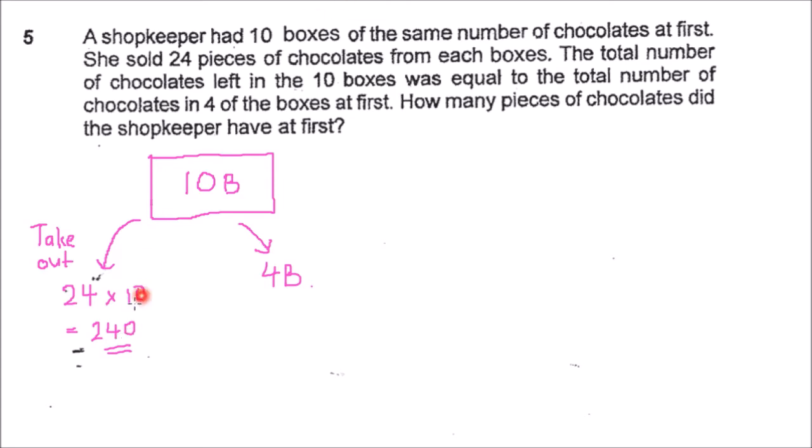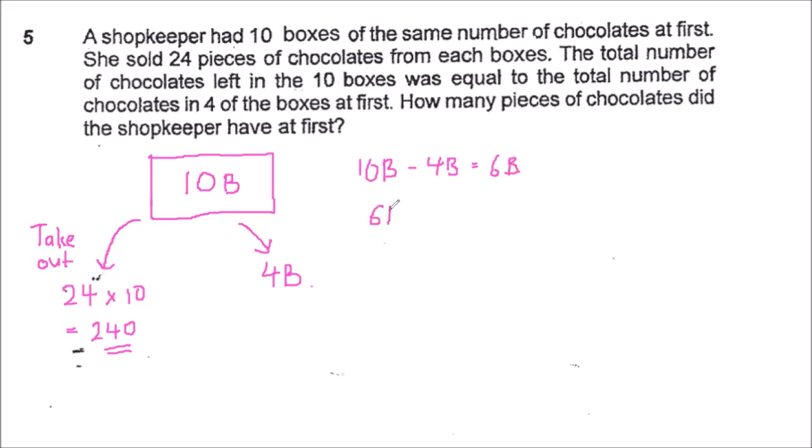Okay, if from 10 boxes you are left with 4 boxes, that means you took out 6 boxes, right? So in this case, what we can say is that 10 boxes minus 4 boxes, you have 6 boxes.